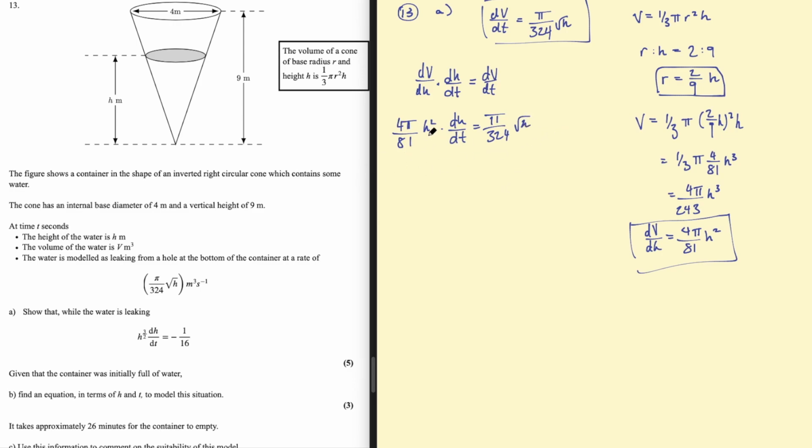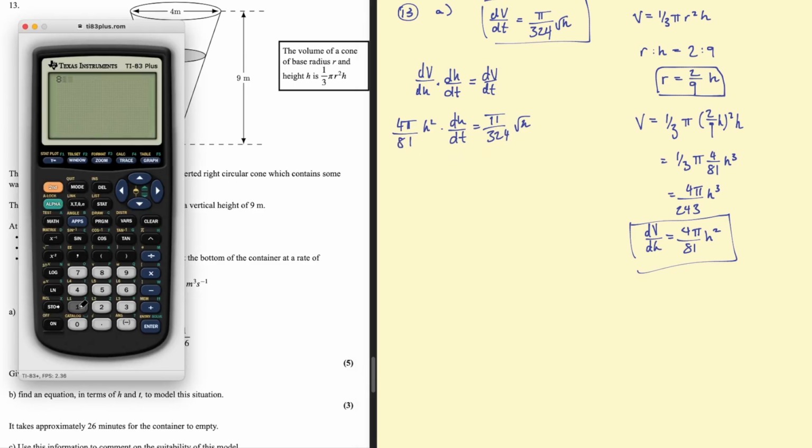Okay, now we need to simplify some of this. So 81 on 324, let's do that. So 81 on 324 is a quarter. And then we're also going to divide by 4 on this side. The pi's will cancel if we divide by pi. Okay, and so we get h squared dh/dt equal to, what was this? This was a quarter divided by 4, so that's 1/16.